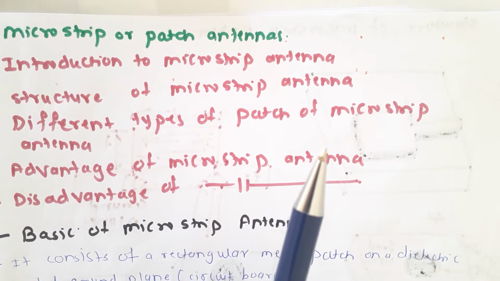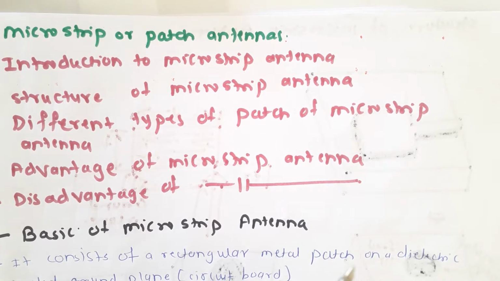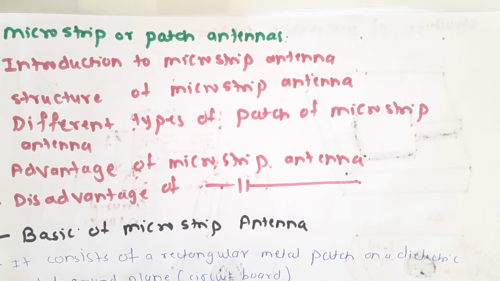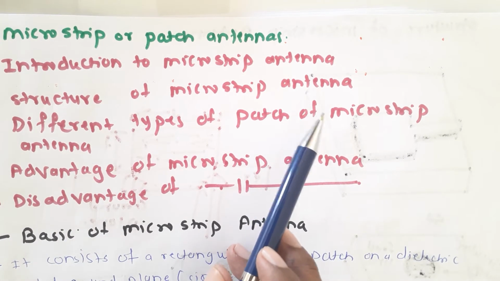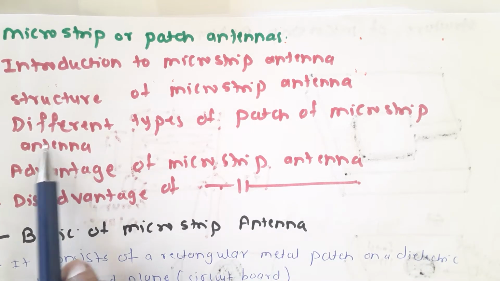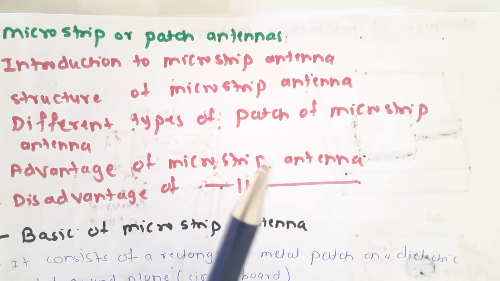In the structure of microstrip antenna, we will see the substrate, dielectric substrate, then coaxial feeds, ground planes, and different types of microstrip patch like circular, elliptical, rectangular, square, triangular. And after the structure and working of microstrip antenna, we will see different types of patch of microstrip antenna.